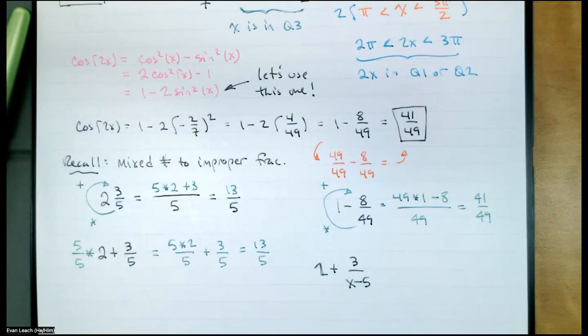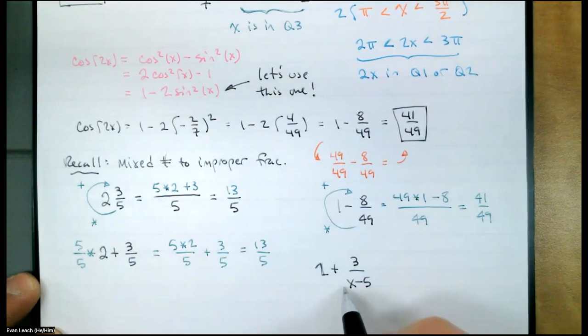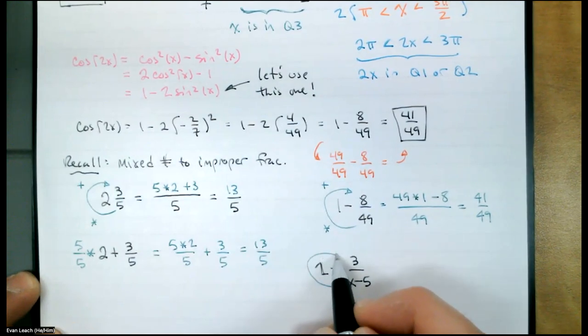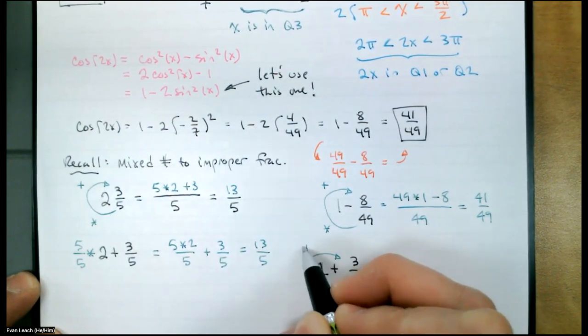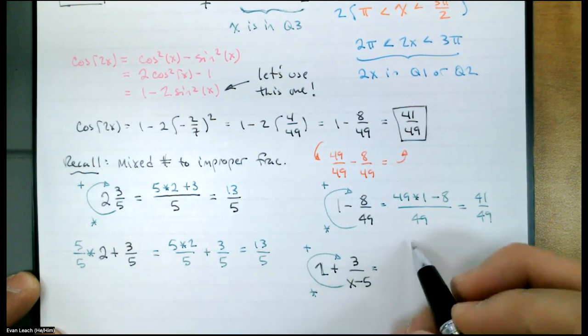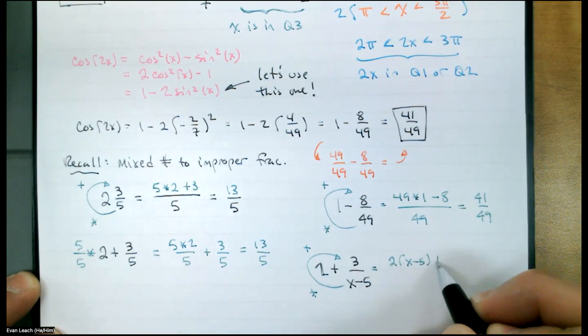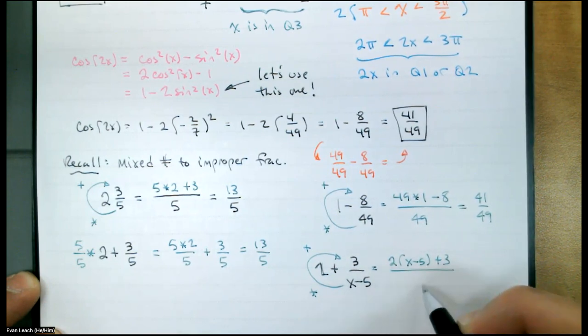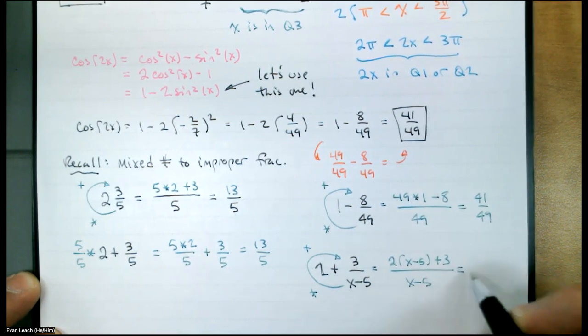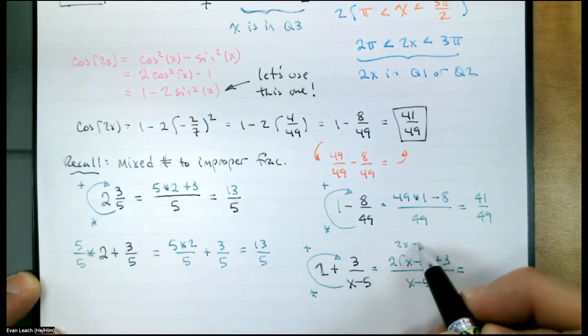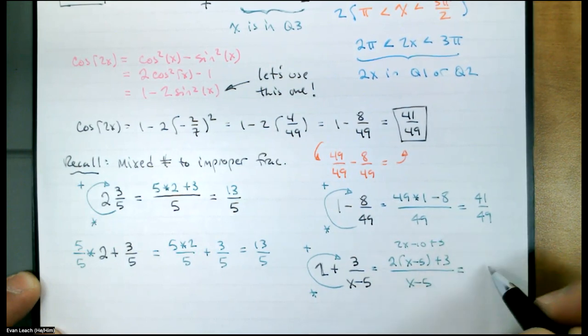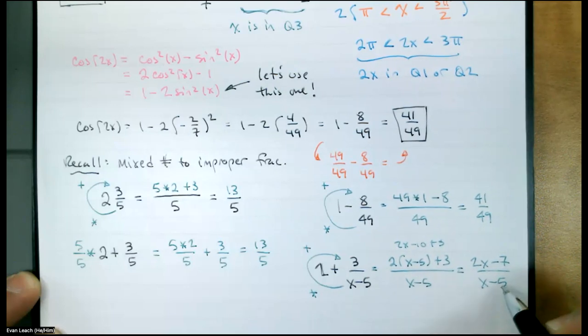This is because apparently we have to have weird rules, but we can do the same thing. We multiply here and then add, multiply and then add. This looks a little different because this is 2 times x minus 5 plus 3 over our denominator of x minus 5. So 2x minus 10 plus 3, 2x minus 7 over x minus 5.